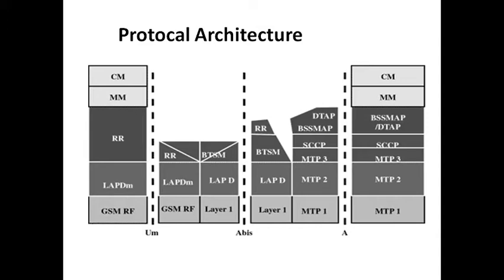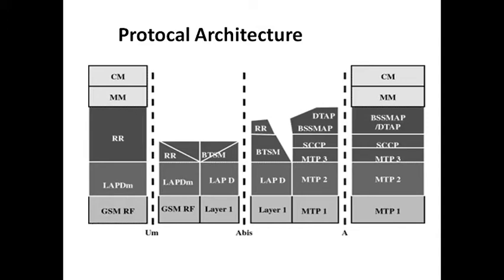All these parts of the protocol architecture for signaling are joined with an interface. The first and second parts, that is MS and BTS, are joined via the interface Um.